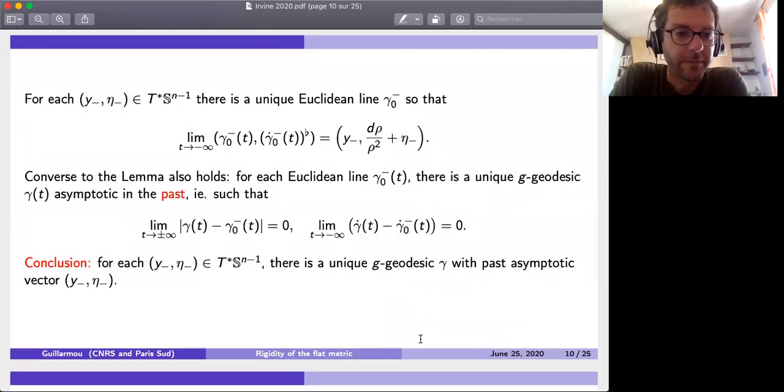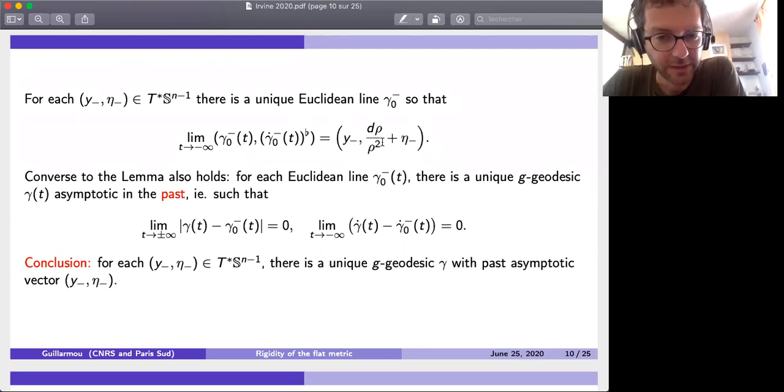Now, if you fix any covector on the sphere, which I will denote y minus, eta minus, then it's easy to see that there is a unique Euclidean line, which I'll denote by gamma 0 minus, so that the limit of gamma 0 minus of t and gamma 0 dot minus of t contracted with the metric is going to converge to this y minus, 0 over rho squared, plus eta minus.